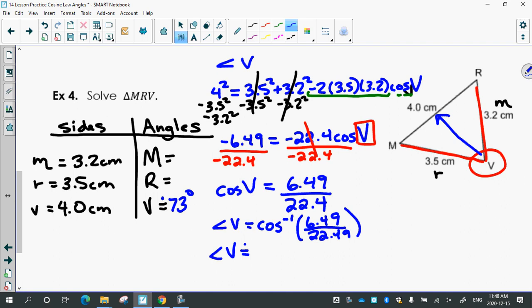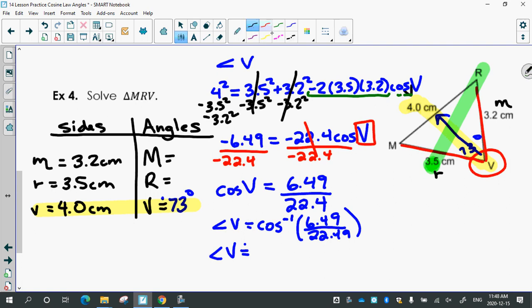So now if we go back to yesterday, we have a side angle pair now. So now that we know this is 73 degrees, we now know a side and its opposite angle. So we can find another angle, doesn't matter which one. If you want to find angle R, we can find angle R, and its opposite side is 3.5.